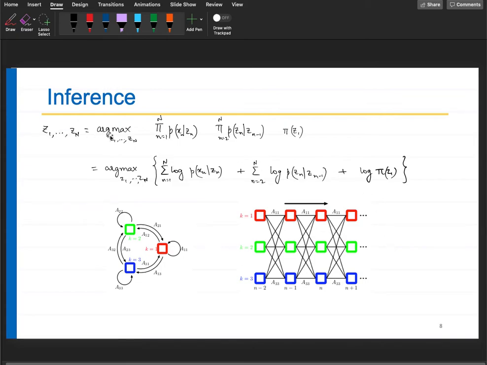Let us say we are doing the MAP estimate: probability of x comma z divided by probability of x. You are maximizing the joint distribution. Whatever value of z maximizes it, you assign that value.